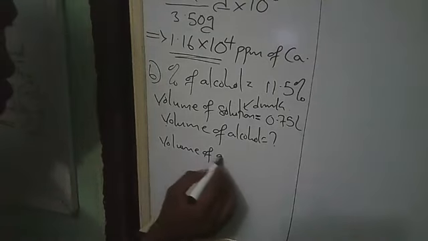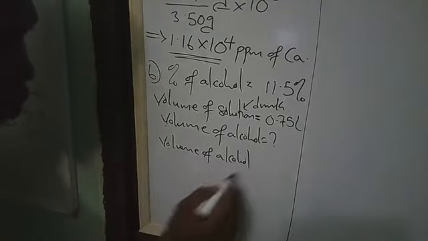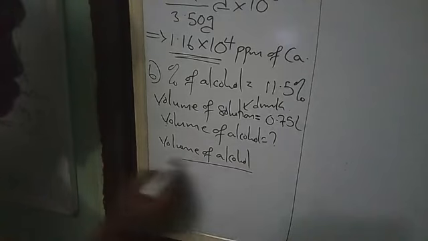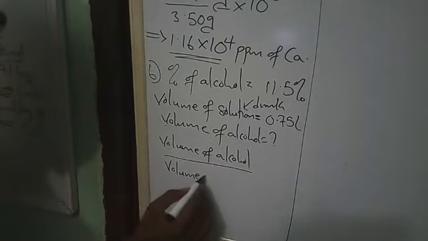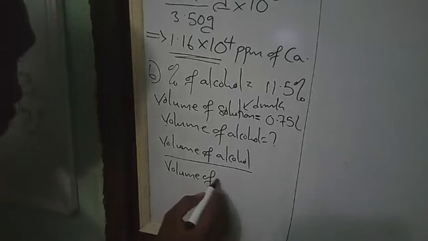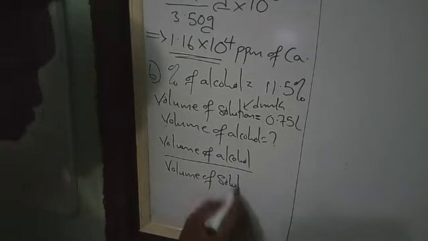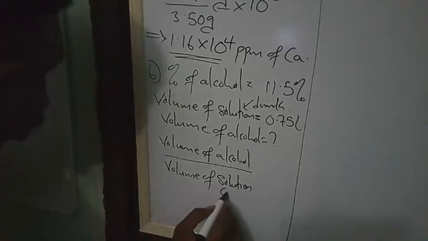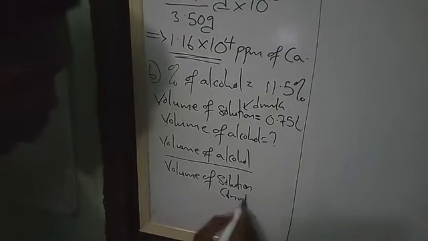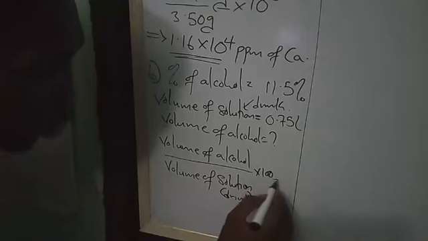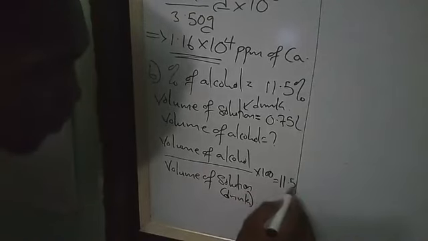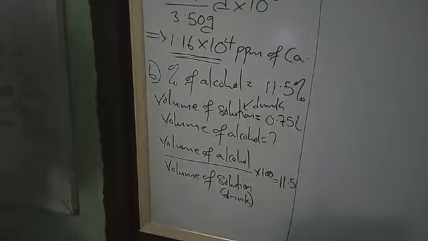Volume of alcohol all over the volume of the whole drink, which is the solution. The alcohol is like the solid. Times 100 is equal to 11.5. That's the meaning of that statement there.